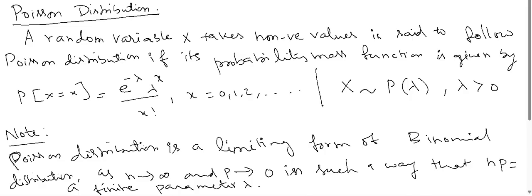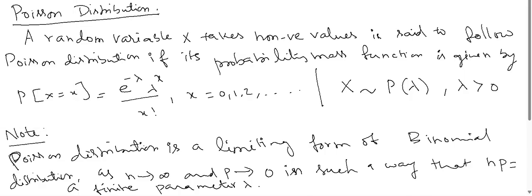So Poisson distribution is a limiting form of binomial distribution. That means the number of trials can be infinite, and the probability of success p tends to 0, meaning the event occurs very rarely, in such a way that np becomes a finite parameter. Then binomial distribution becomes Poisson distribution.